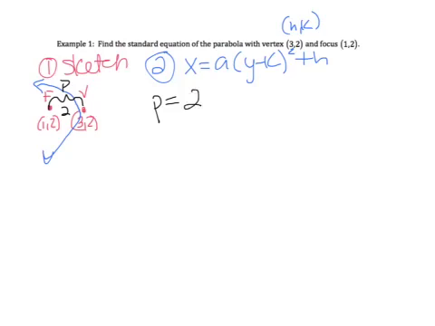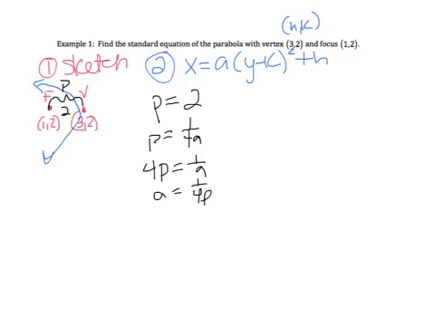So p is 2. The relationship between p and a is that p equals 1 over 4a. If I solve this for a, and there's a long, complicated way to do this, but basically, 4p equals 1 over a, so a equals 1 over 4p.